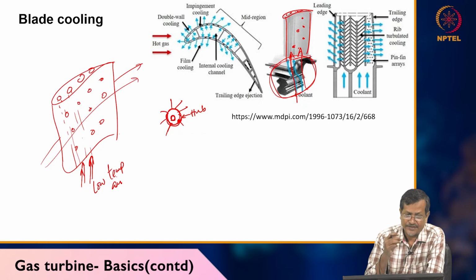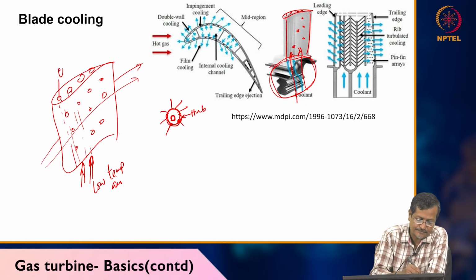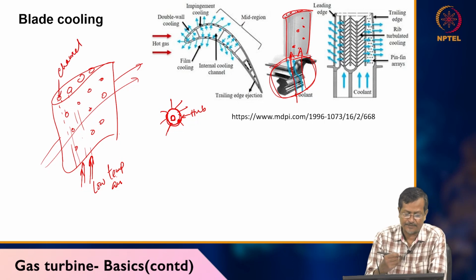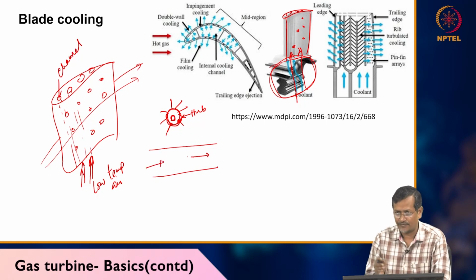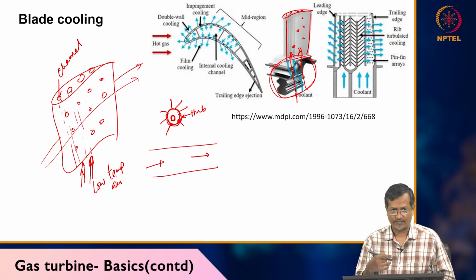When you are going for blade cooling, there is lots of research going on in blade cooling channels. These are called flow channels. Flow channel means let's say I have one flow path like this. If you have a smooth channel, then it will have less turbulence.